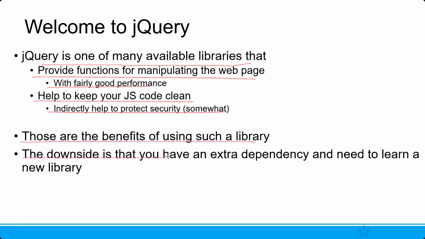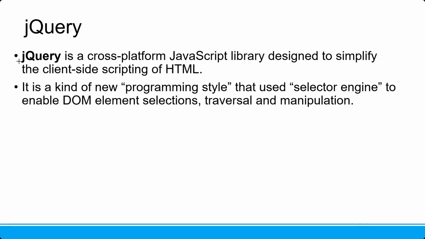So those are the benefits of using such a library. But the downside is that you have an extra dependency and you need to learn a new library. Nowadays there are so many JavaScript libraries, and if you want to use a new library, it means you need more time to learn it. jQuery is a cross-platform JavaScript library designed to simplify client-side scripting.